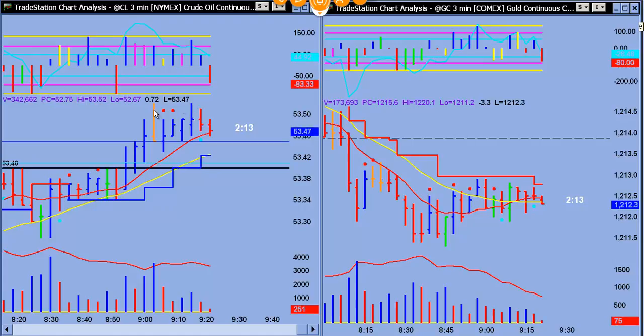Price went up, couldn't take this out. Even if it did take it out, didn't matter. Fact is, it closed down here. You ran over, bought, and you did it on increasing volume. This is distribution by professionals. So we'll see if these things become support or not.